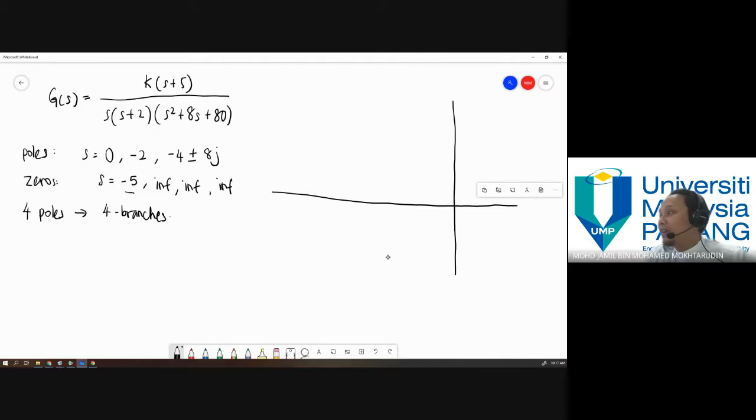So we have poles at 0, -2, -4 and -5. Sorry, -5 is a zero. And then we have poles at 8j and -8j.